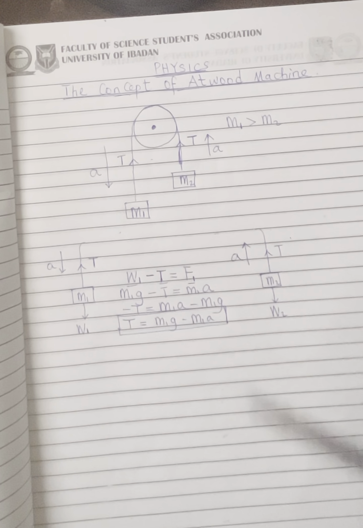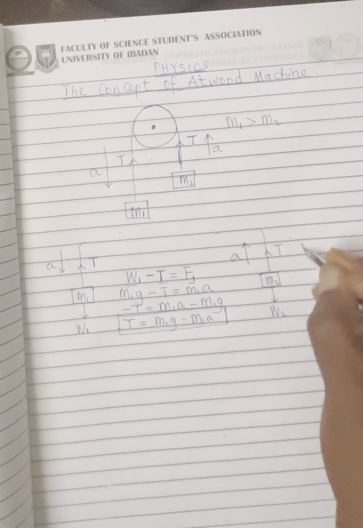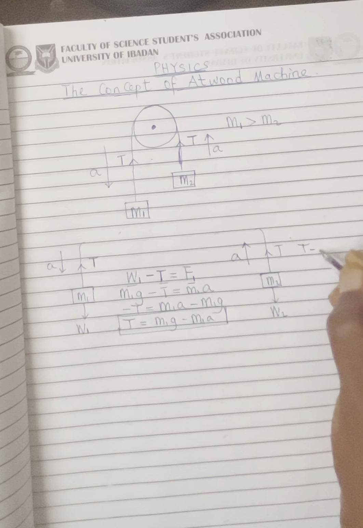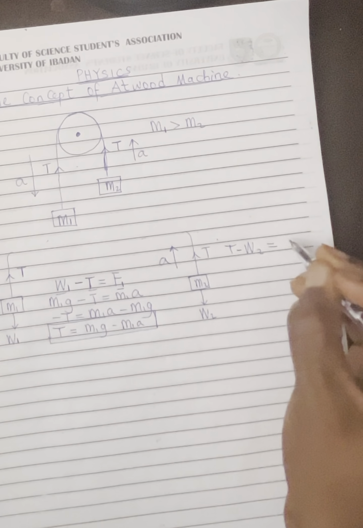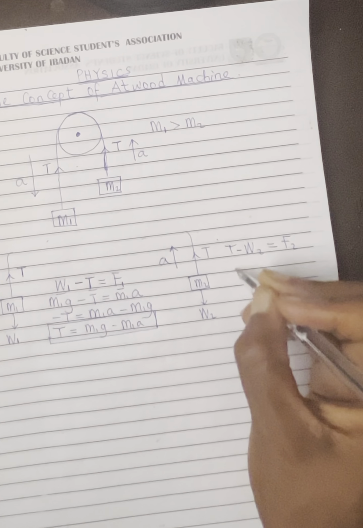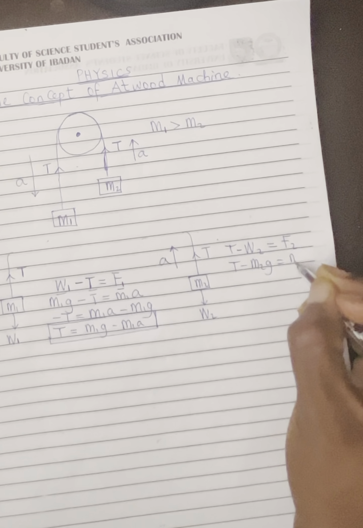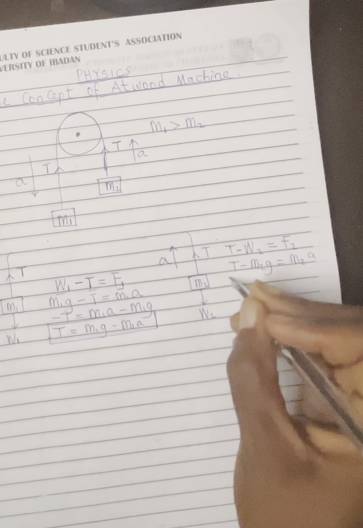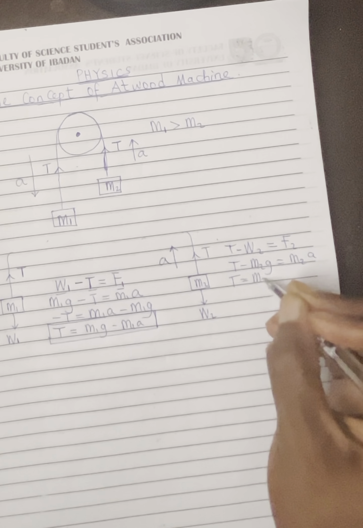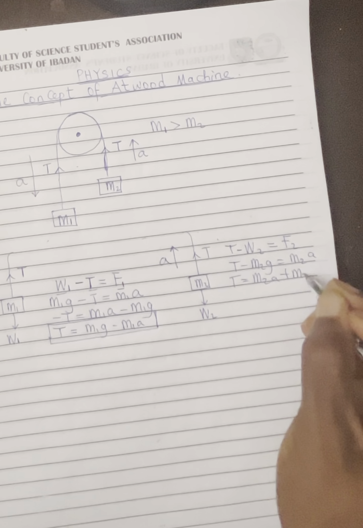So to get the accelerating force here, I have to say T minus W2 equals F2. And T minus M2G is equal to M2A. T equals M2A plus M2G.